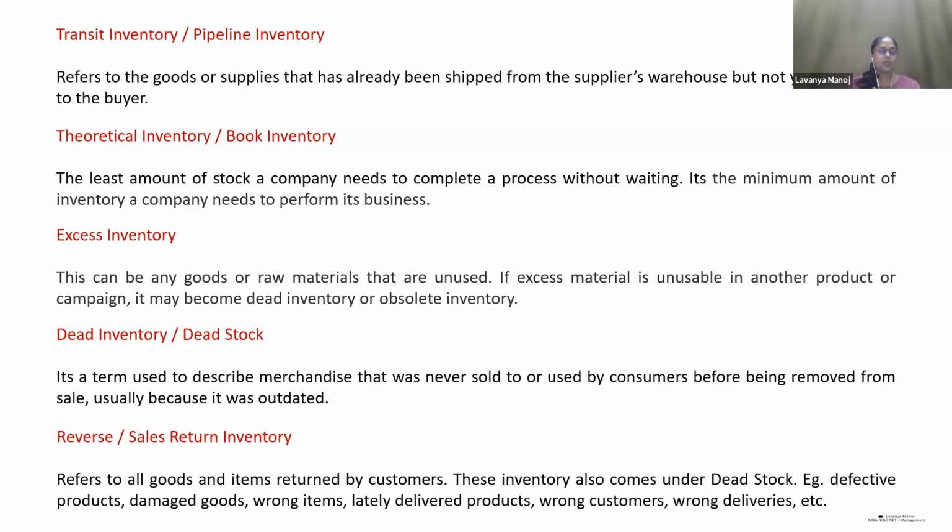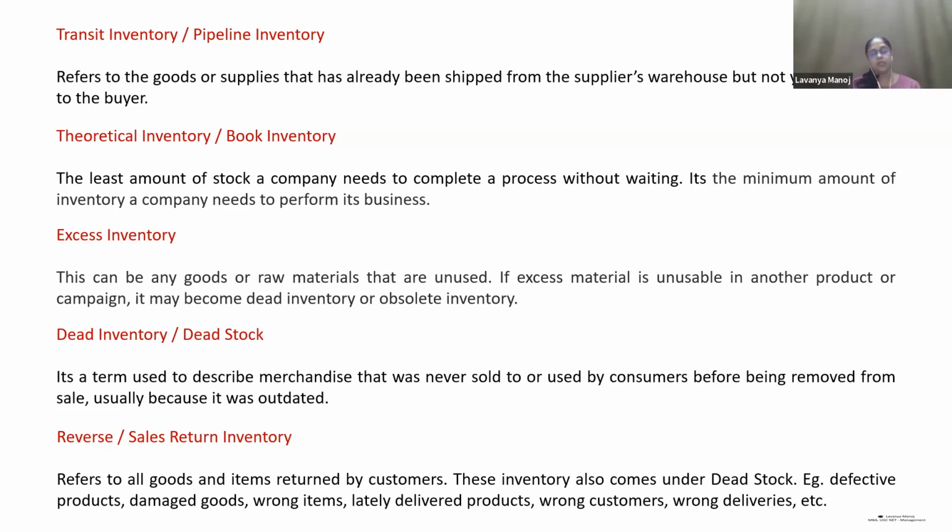They may try to increase the quality, or add more units to the existing package. For example, if a biscuit packet has become dead stock, but still has a shelf life of another 6 months, instead of 10 biscuits in a packet, they will come with 12 biscuits in a packet. That's just value added processing.